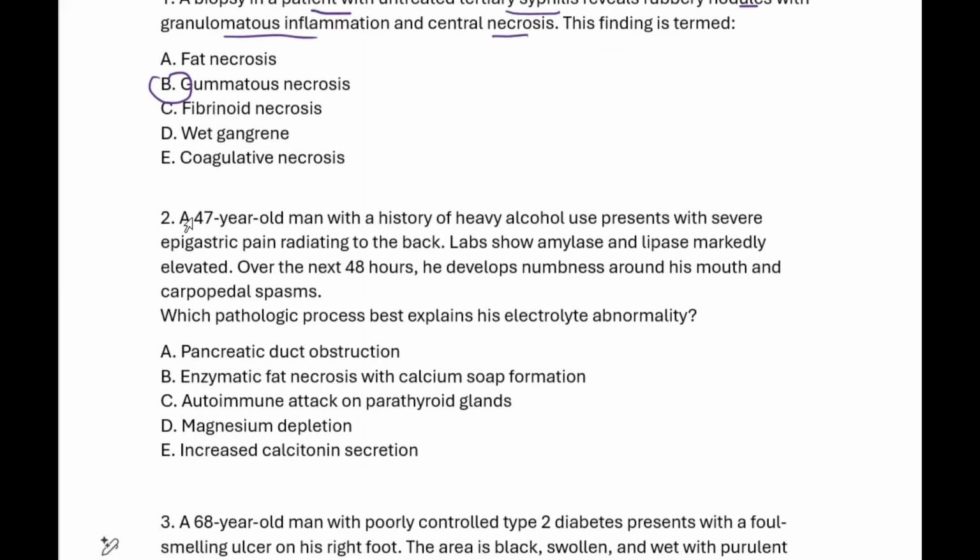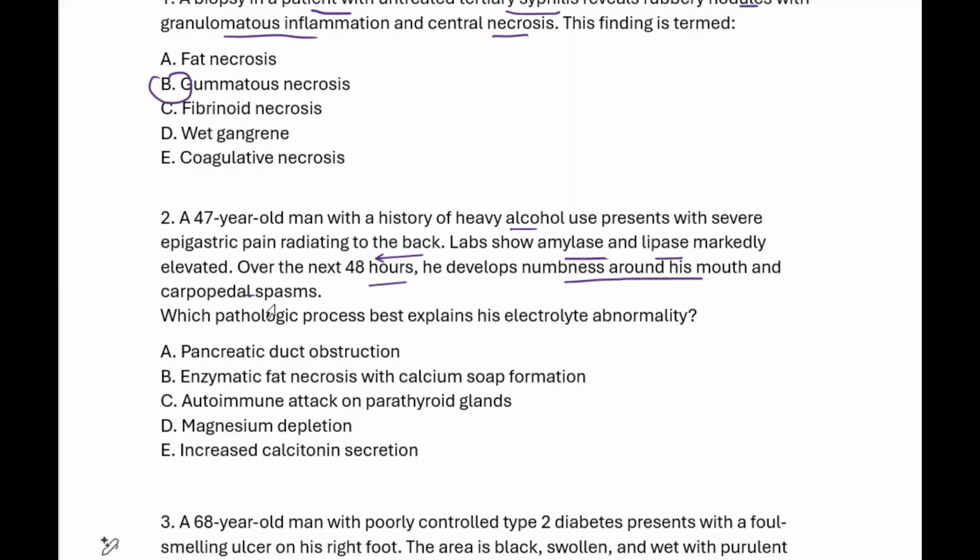Second question: a 47-year-old man with a history of heavy drinking, with severe epigastric pain radiating to the back. Labs show amylase and lipase are very elevated. Over the next 48 hours, he developed numbness around the mouth and carpospasm. So why? Because if you remember, when we talk about enzymatic fat necrosis, as you are releasing free fatty acids, what are those free fatty acids doing?